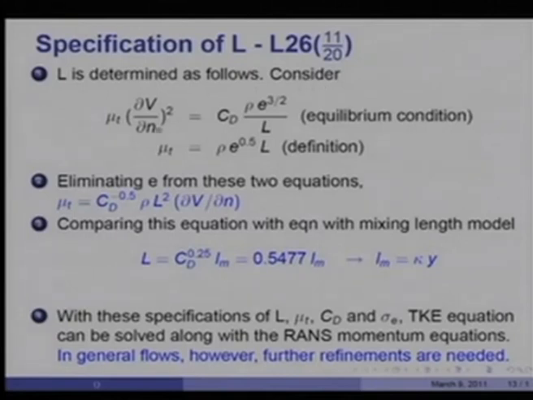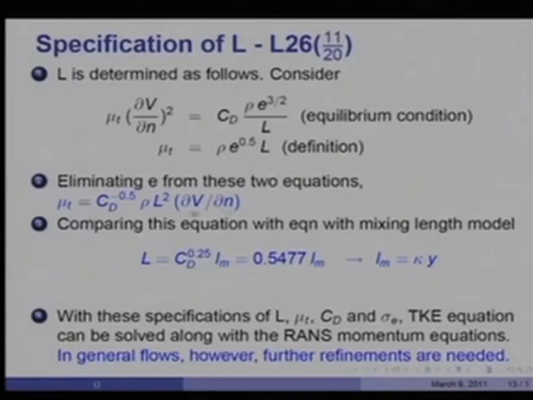Consider equilibrium condition again, production is equal to dissipation, then mu t will be equal to rho E raised to half L, which is the definition. If I combine these two equations and eliminate E from them, I would get mu t equal to C d raised to minus half rho L squared dV by dN.